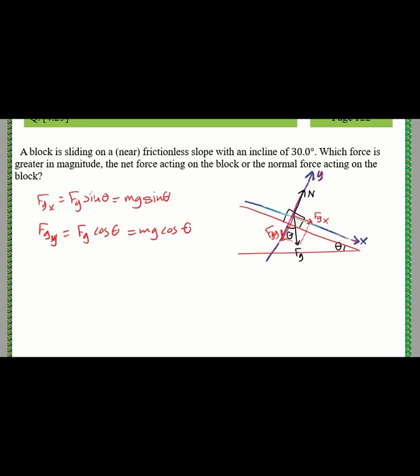Now on the y-axis, Fnet in the y-direction equals 0, so the normal force minus Fgy equals 0, and here we have N equals Fgy, which is mg cosine theta.